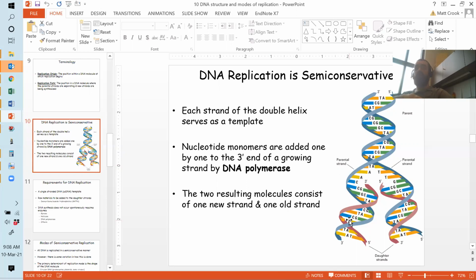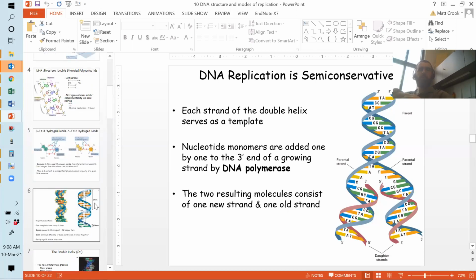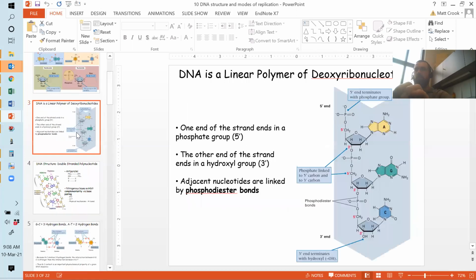And also, can't stress this enough: you're only ever going to add new nucleotides at the 3' end of the newly synthesizing strand. That's put on there by DNA polymerase. That's what catalyzes the formation of these phosphodiester bonds.